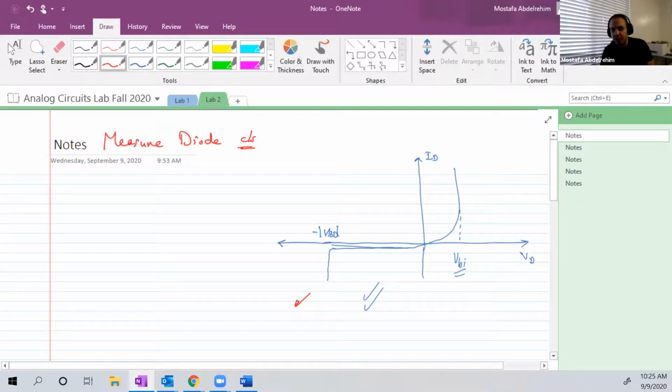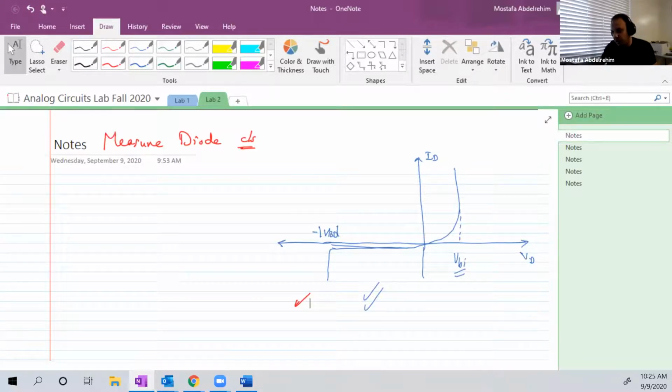And we're gonna do that using three methods, just like Ohm's law. The first one is using the step-by-step, which I'll call the step-by-step method.